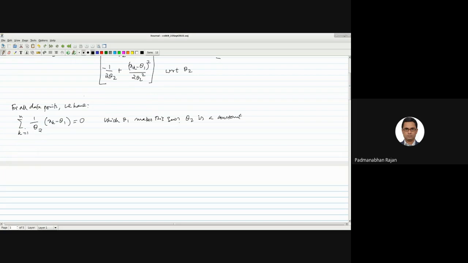So we can ignore the theta2, and then what do we get?